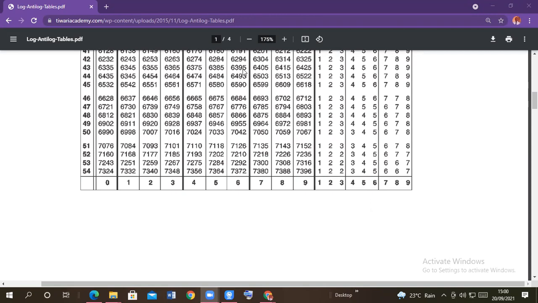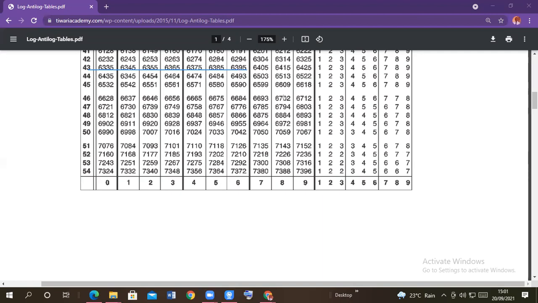Okay. So this number which is here is the number I'm interested in, because it lies along 43 and 6. This is the one that I need.